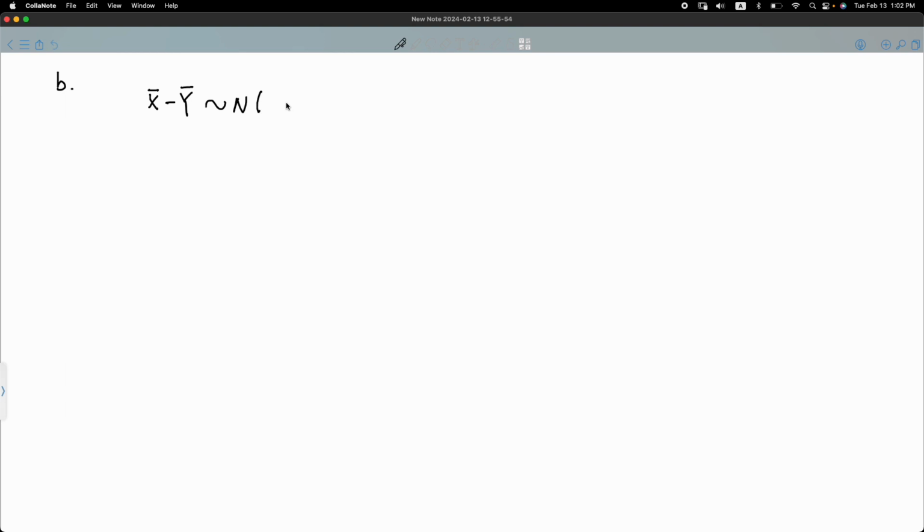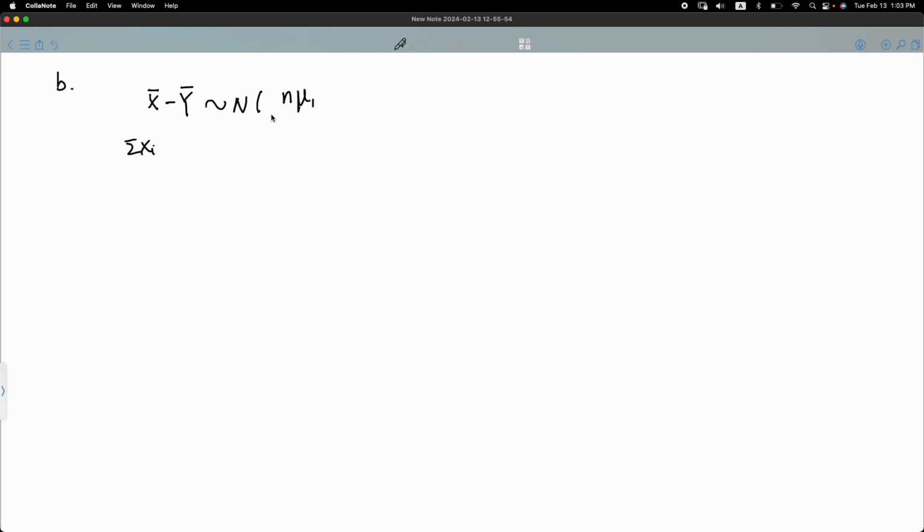And then the mean of this difference of the averages is also the difference of the two means. Let me be more elaborate on this part. You basically have n copies of mu1, which takes care of the summation of xi.